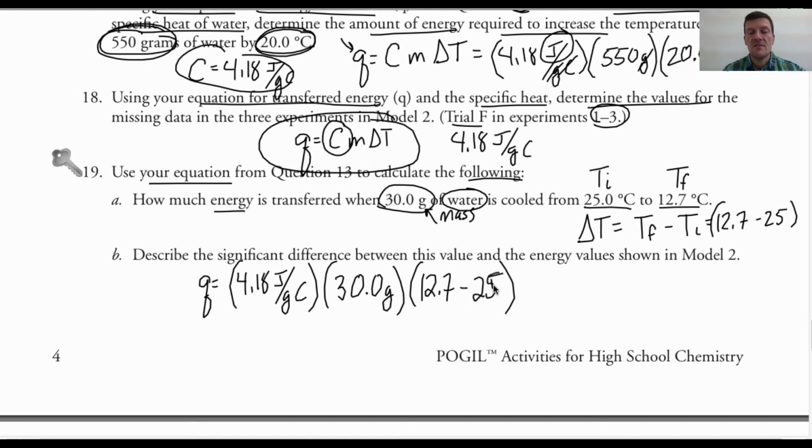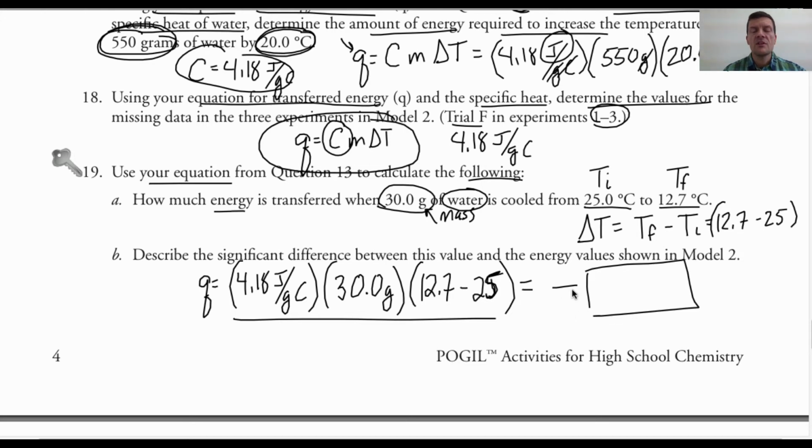Always. Final minus initial. When you calculate this, and I'll let you do this on your calculator, this 12.7 minus 25 is going to be a negative value. So that's going to make this whole product negative. You're going to get negative something.